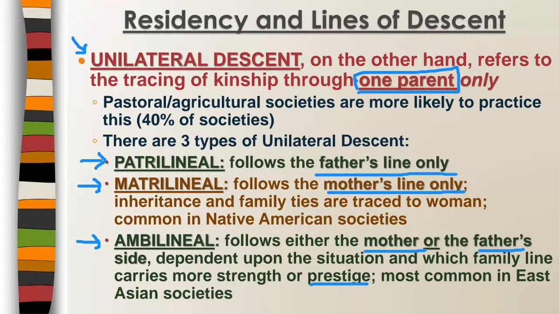For instance, if you're in India and your mother and father come from two slightly different caste positions, say your mother has a higher caste position, you might choose her family, her kinship line. So you would choose, well, let me go with my mother's side. She has the last name that carries more prestige.